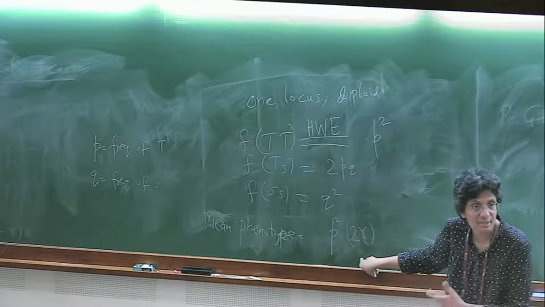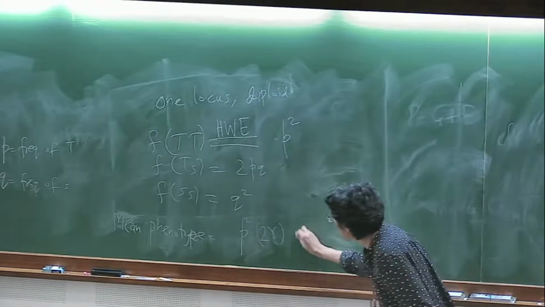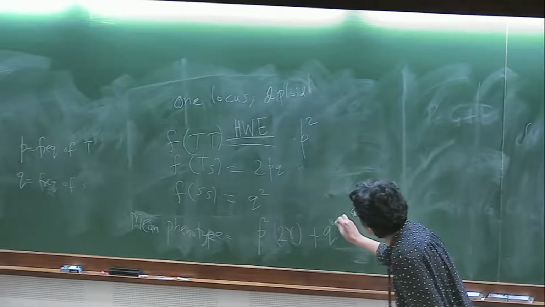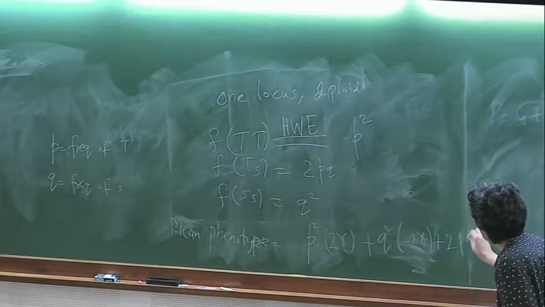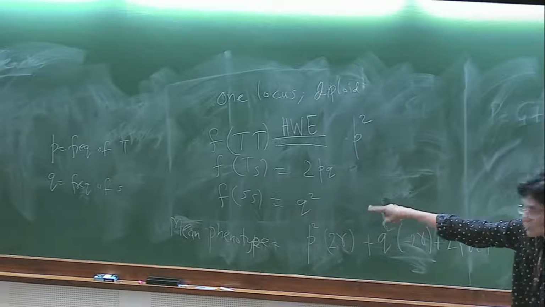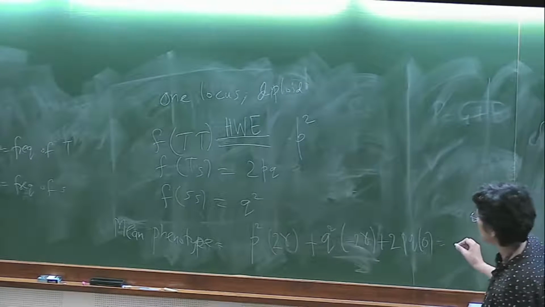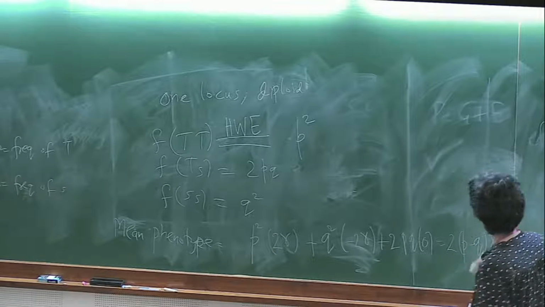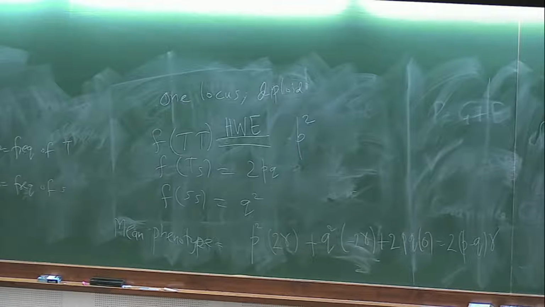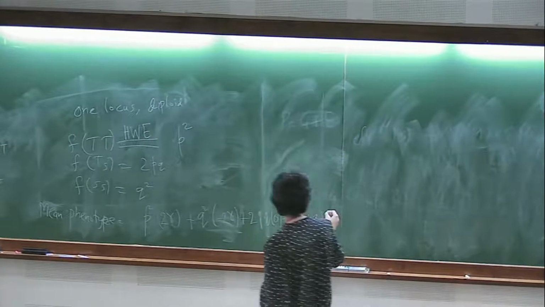Frequency times the value, right? Summation p_i x_i: P square times 2 gamma, plus Q square times minus 2 gamma, plus 2PQ times 0, right? Because we said gamma minus gamma. So that will give me 2 (P minus Q) times gamma. Okay, it's a very silly calculation, but it's useful, so that's why I'm doing this. So this is the mean phenotype. Let's just keep it.